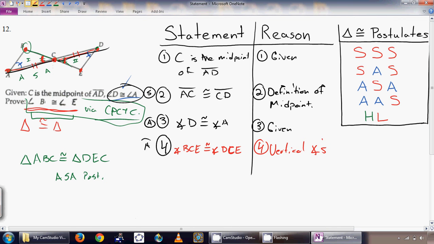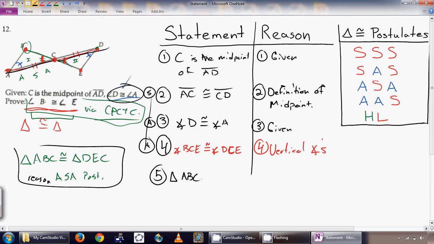Well, now I've got my 3 facts, 1, 2, 3. So 5, I'm ready to make this statement with this reason. Triangle ABC is congruent to triangle DEC. How did I know? Oh, that's the angle side angle postulate.